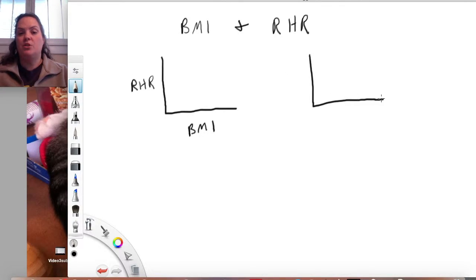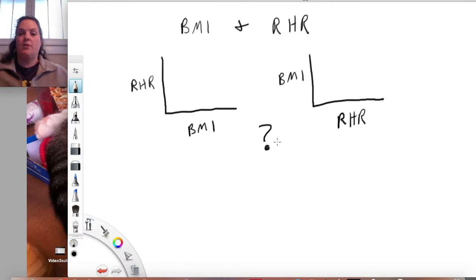Or do you think that changes in resting heart rate lead to changes in body mass index? So think about that for a second. Think about the biological reasoning. Is it reasonable to think that just because our resting heart rate is higher, it's going to cause us to have a higher body mass index?